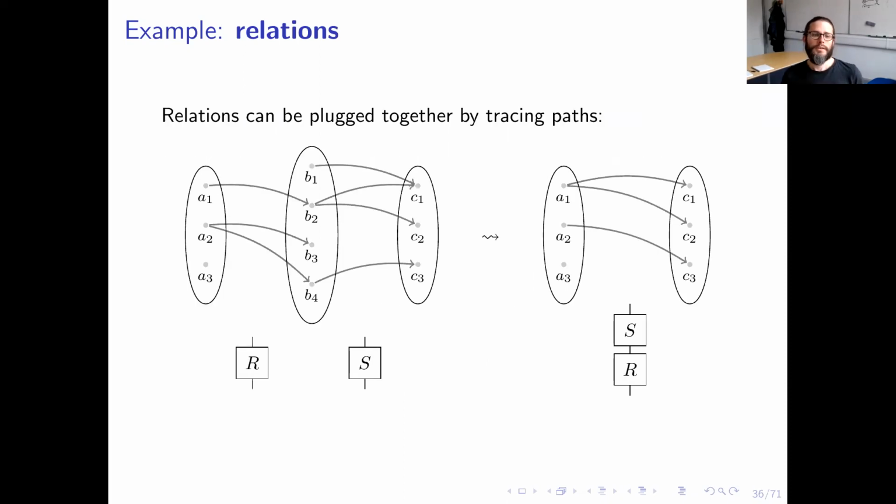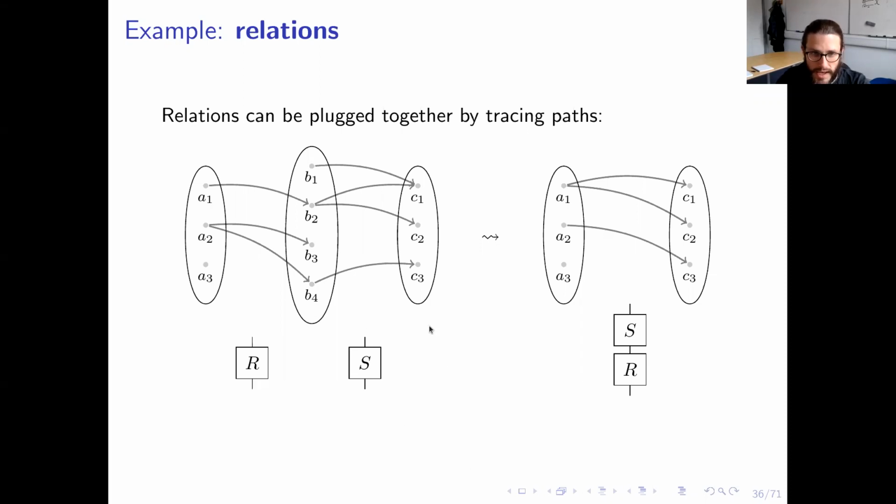I can represent these things as boxes with wires, and the way that I start plugging these things together is really just, you may have learned how to do this in school, basically by tracing the arrows through. So here's a set of 3 things and a set of 4 things, and here's a relation R, which relates A1 to B2 and A2 to B3 and B4.